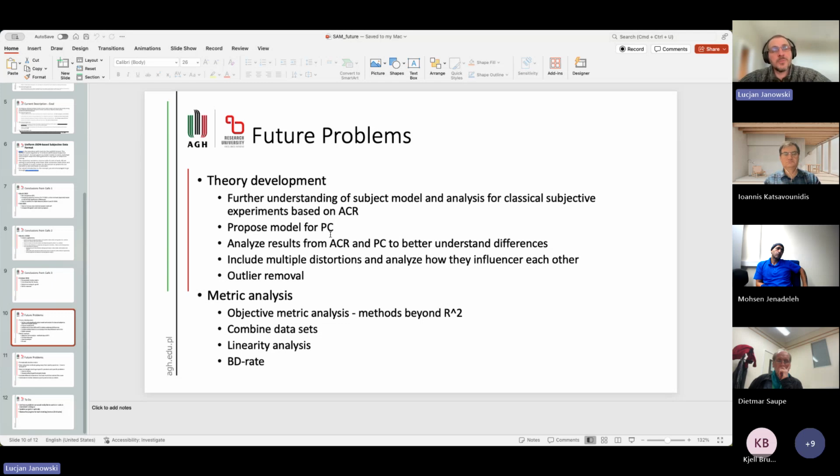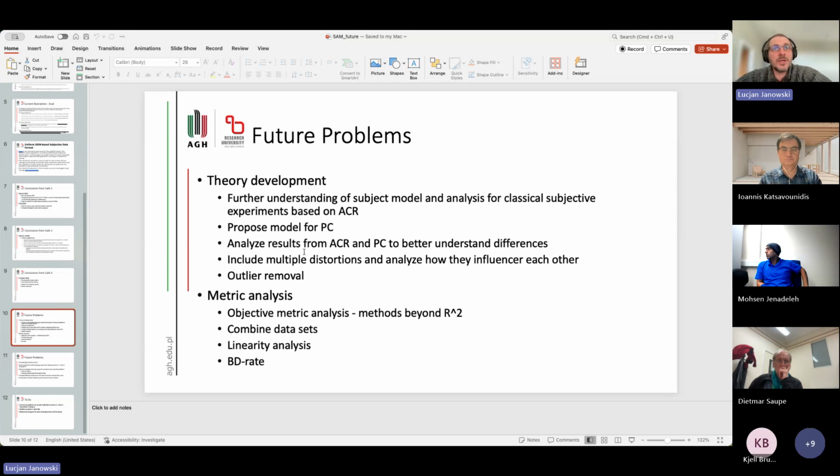Then better understanding of pair comparison and the relation to ACR. There are papers, there are some results, but maybe our group could try to compare it. As far as I remember, most of those models assume that the underlying distribution is normal. But if, for example, we show that logistic distribution is a better model for ACR, then maybe we could see what the consequences of changing normal to logistic are, and how pair comparison data change relative to the ACR data.